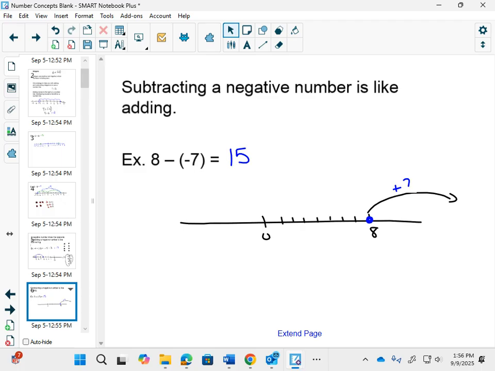Don't worry. I'm going to take away, because subtracting is take away, your debt of $7. Don't worry about it. Well, now I've got $15. Things are good. Life is better if I don't have to pay that debt.